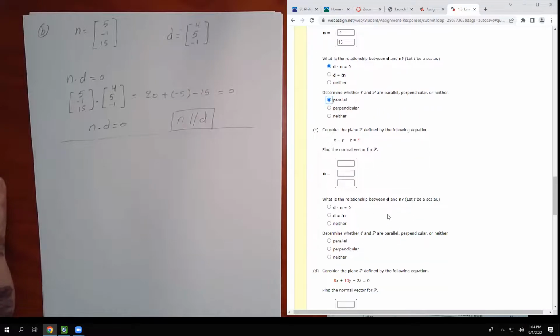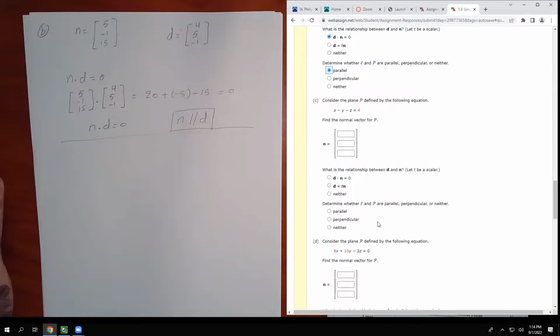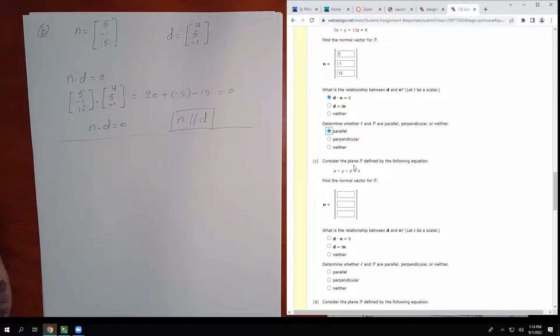You do the same thing with C, and you have 4 options. Consider the plane P defined by the following equations. The normal vector is going to be 1, -1, and -1. What is the relationship between D and N? Can we choose the second one?